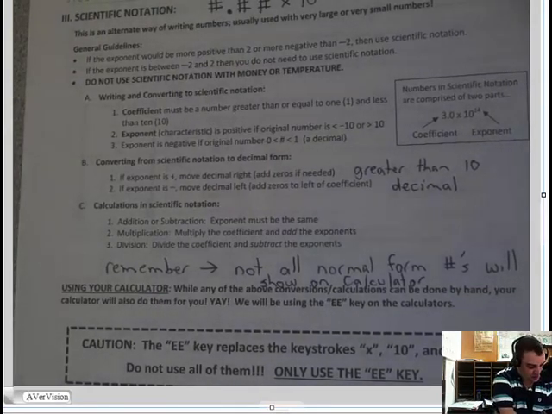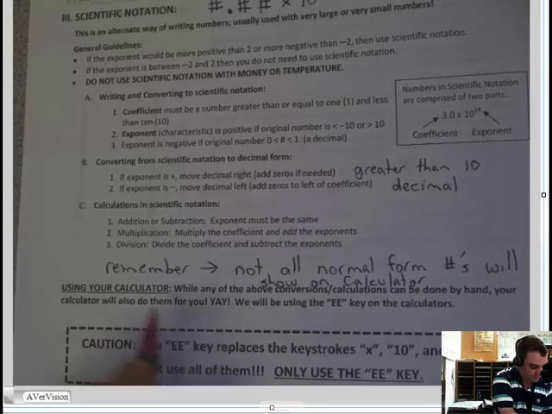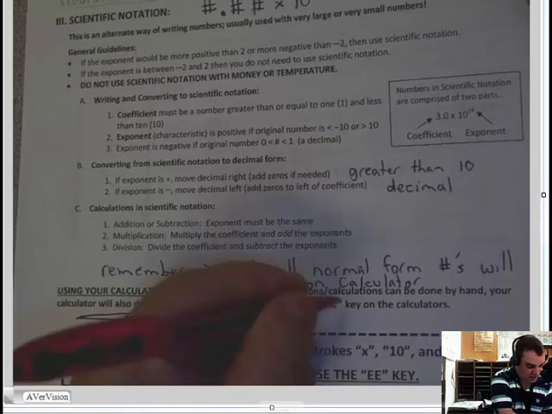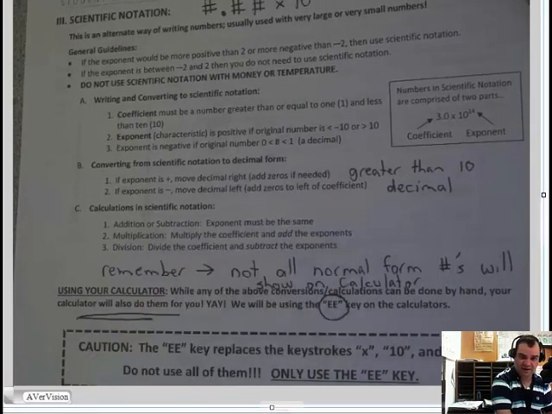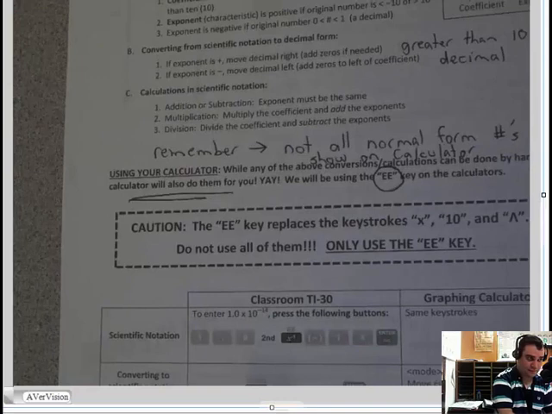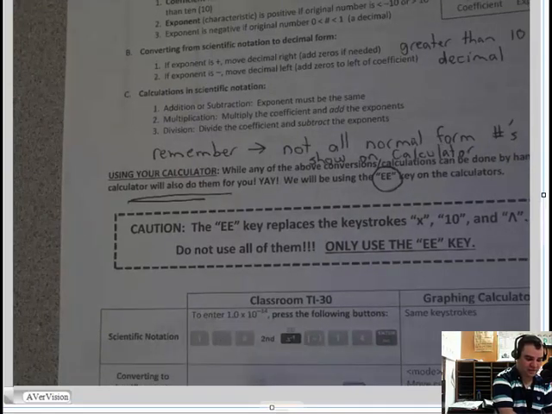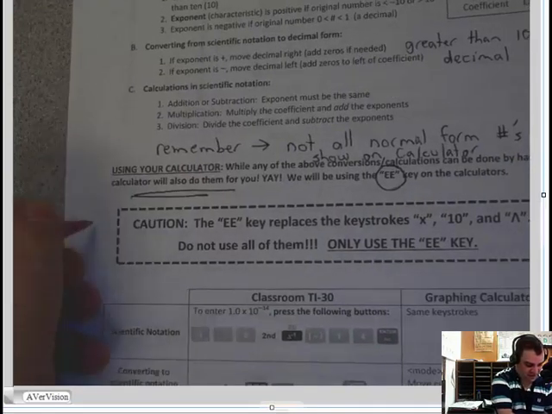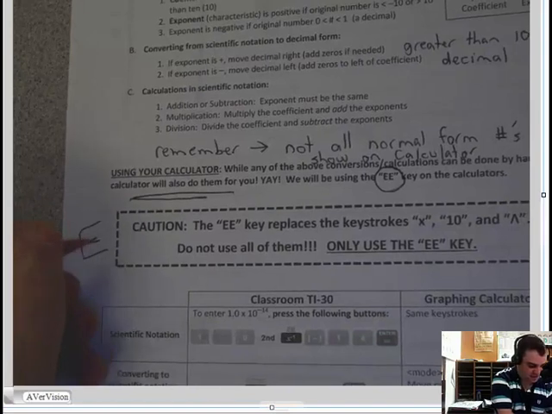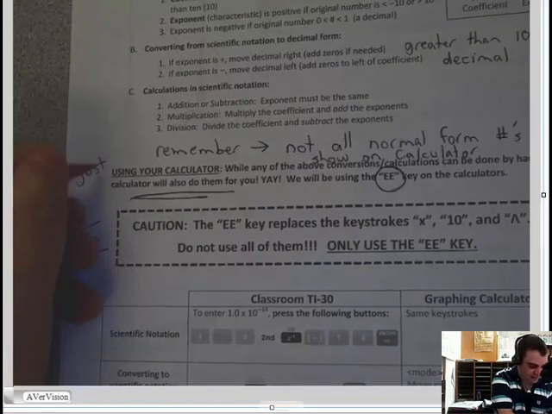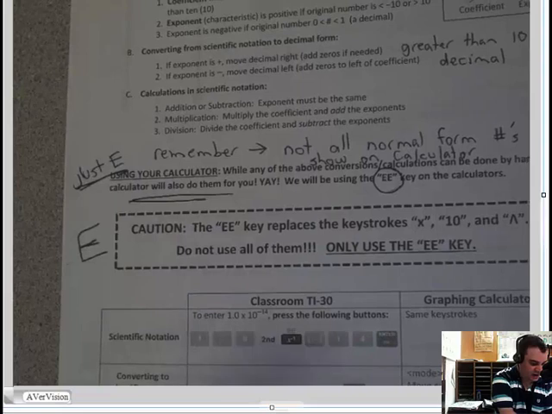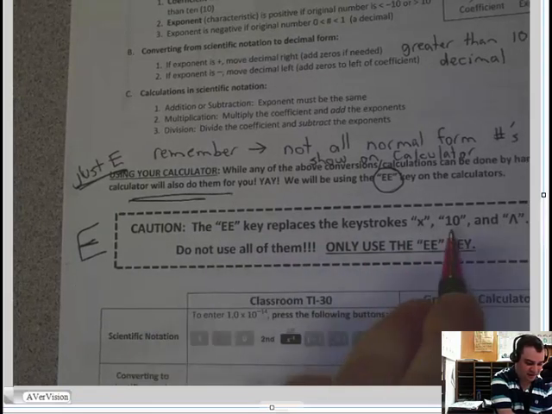Okay? The above calculations must be done by hand, but your calculator will also do them for you. We will be using the E key. Just E. The E key replaces times, tens, and carats.